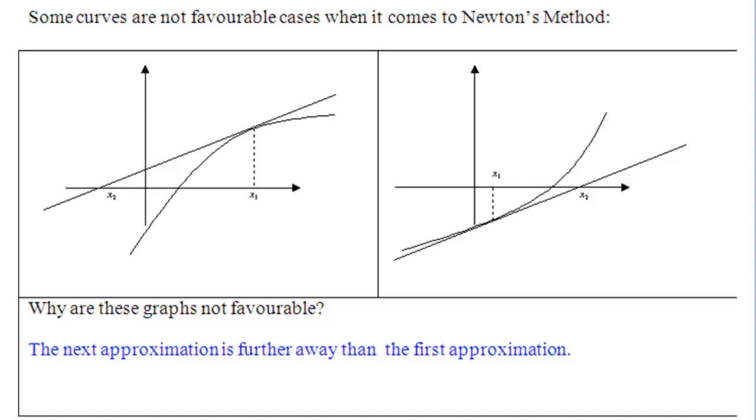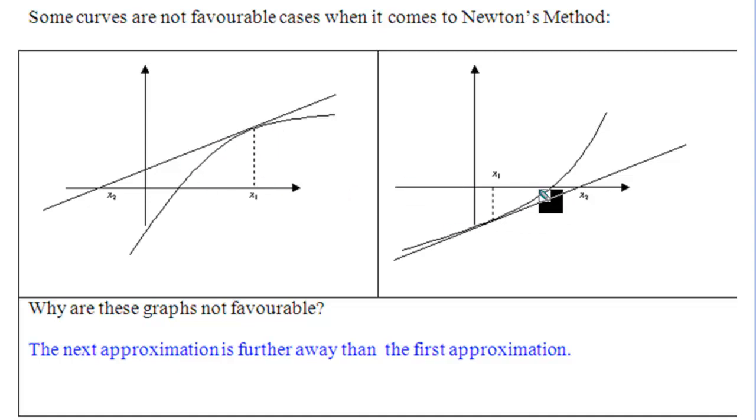What we've got to be careful about is that with some curves, we've got to be really careful about our first approximation. When we look at this one, if we take our approximation x1 and then get the tangent at x1, we notice that the curve's going to fall away from it. It's not great. So it's probably not a good idea to take your function value on the inside of the curve where it's concave down there.